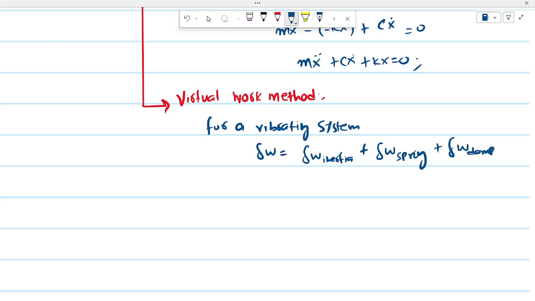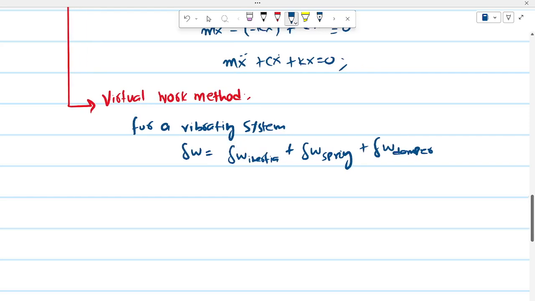So it assumes that all of the elements of the vibrating system, that is damper, mass, spring, all of them are doing some work, and because of that there's some distance being covered by the system. Since the system as a whole is in equilibrium, the work of the damper is cancelling out the spring, the work of the spring is cancelled out by inertia. Because the net work is zero, the system is in equilibrium, right?